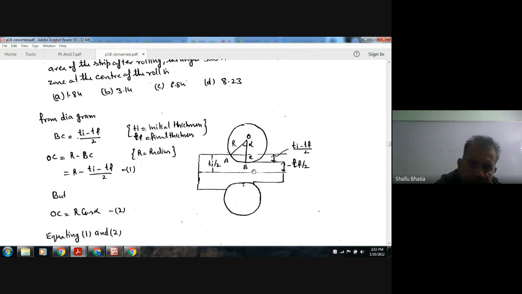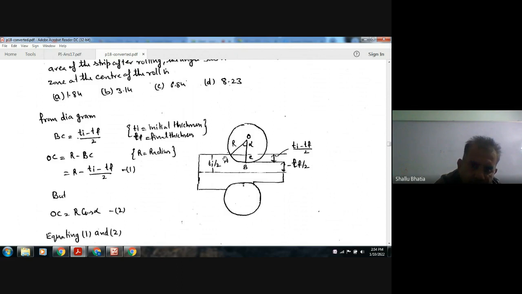Okay, so this is the roll, and Ti is the initial thickness, Tf is the final thickness. Now this distance will be (Ti minus Tf) by 2, because this is Ti by 2, the center line of the strip, and this is Tf by 2.